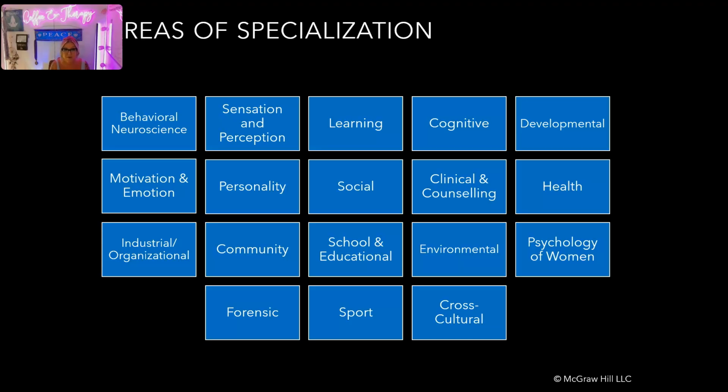So we've got behavioral neuroscience, sensation and perception, learning, cognitive, developmental, motivation and emotion, personality, social, clinical and counseling, health, industrial, organizational, community, school and educational, environmental, psychology of women, forensic, sport, and cross-cultural. So psychology is a huge field of study.